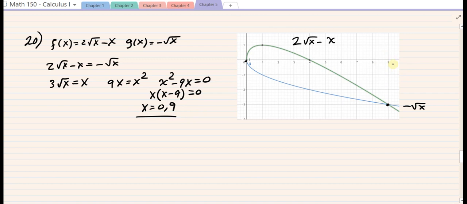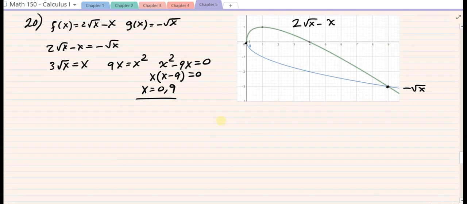Now, we only need one integral. If I use a vertical rectangle, the rectangle is going to go like this, and the evaluation point doesn't matter as long as it touches the curve right there.